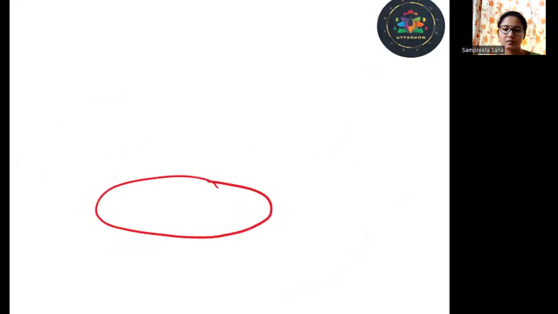See students, suppose this is kingdom Monera, consisting of all the prokaryotes. From here, with the advancement, we can say that Protista has developed.